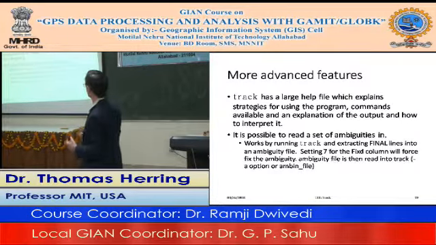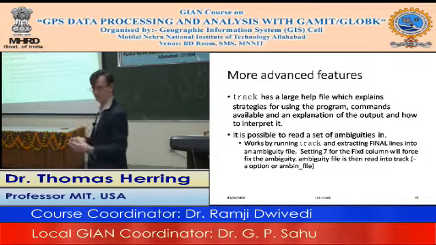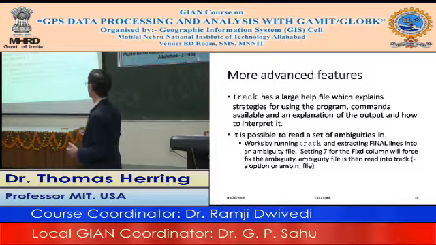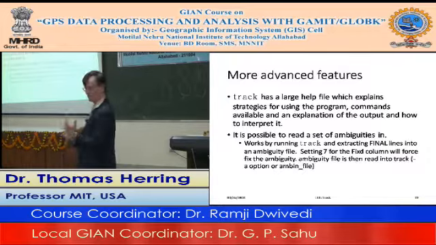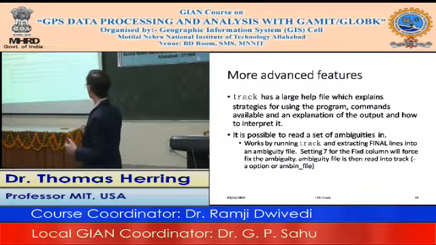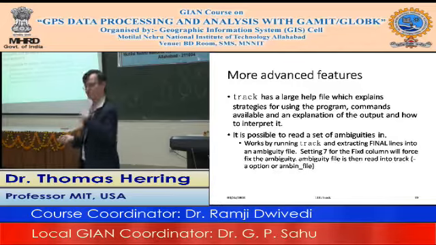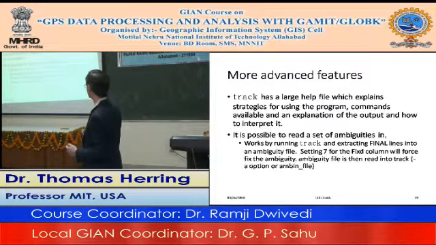It actually has a very large help file, and that help file also contains strategies for using the program, etc. That's what you have to work your way through as you play around and try to understand what your solutions are saying. As I was saying before, it's possible to read in the Track ambiguity file, and what you do is you grep those final lines, and if you want to switch an ambiguity from being free to being fixed, you change the column from 1 to 7.